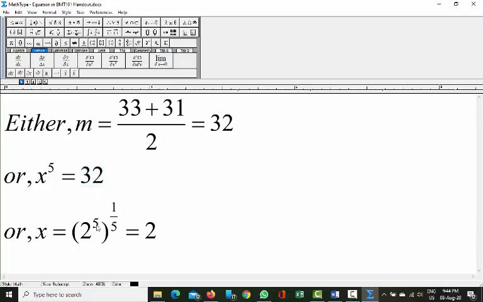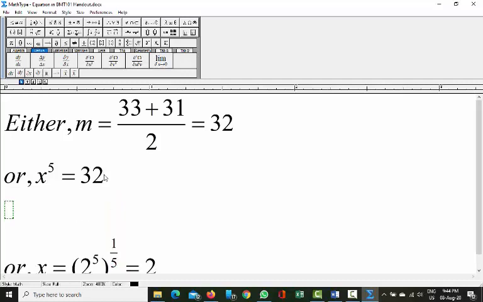So inside the bracket we have power 5, outside the bracket we have power 1 by 5. This 5 will get multiplied by 1 by 5, that means this 5 will cancel out this 5. So we will have only 2 to the power 1, that means only 2.